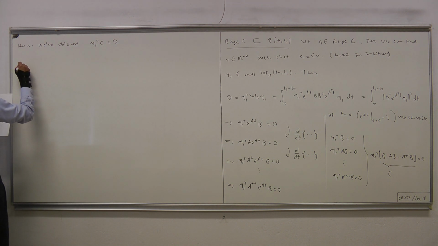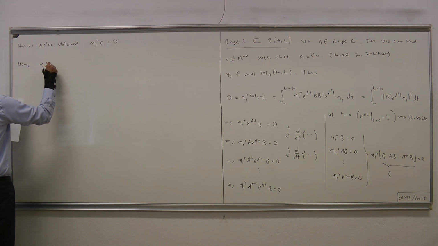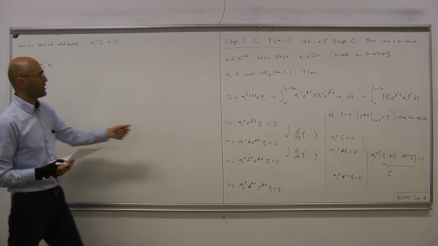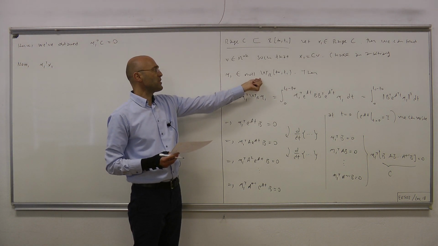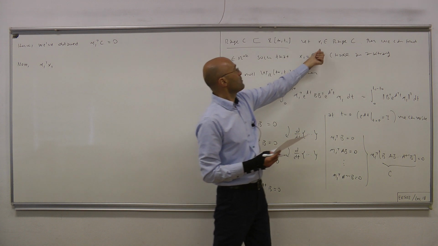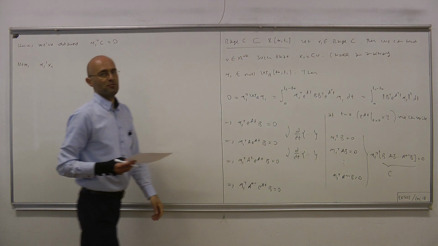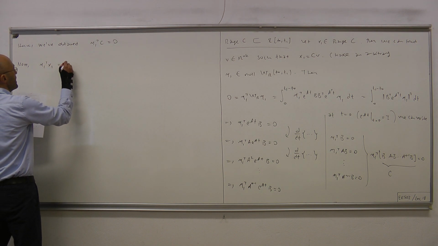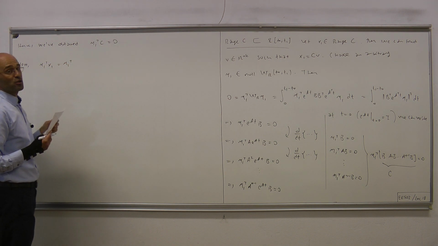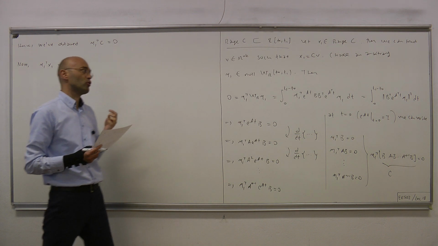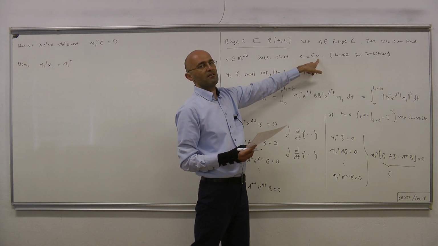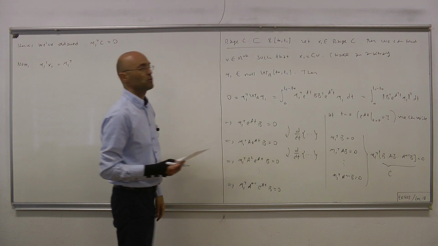Now, eta 1 transpose times x1. Let's look at this inner product. Eta 1 is an arbitrary vector from this null space, and x1 was an arbitrary vector from this range space of C. So this inner product, therefore, equals eta 1 transpose times... Since x1 is in the range space of the controllability matrix, there exists some v, which produces x1 equals Cv.